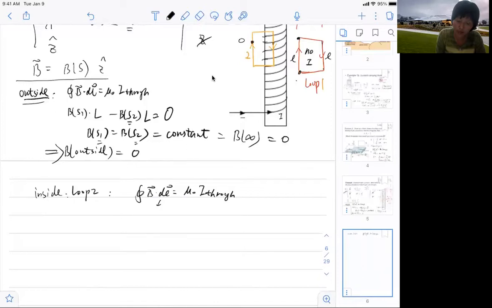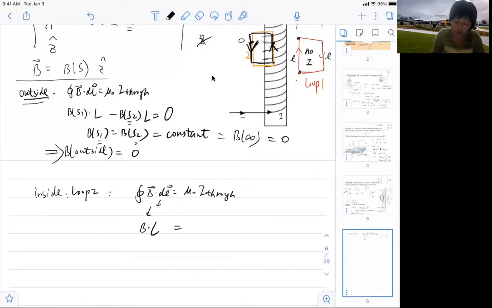There's only going to be a B dot dL on this leg. To make my integral positive, I'm going to make my loop go this way, so I don't have a negative sign from B dot dL. This leg is 0, and this leg is BL.